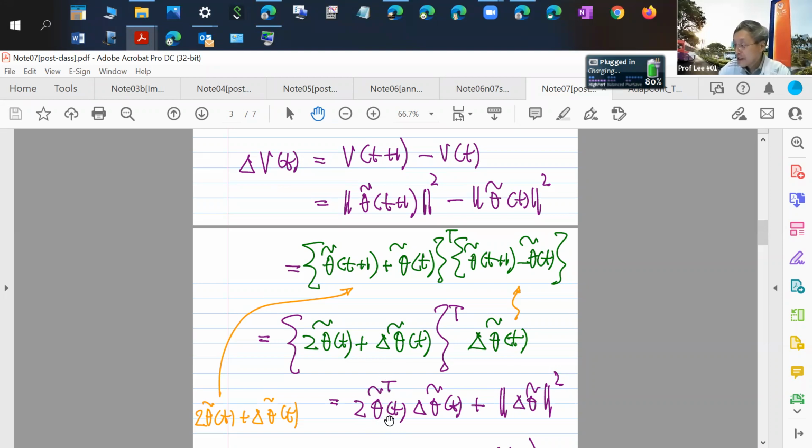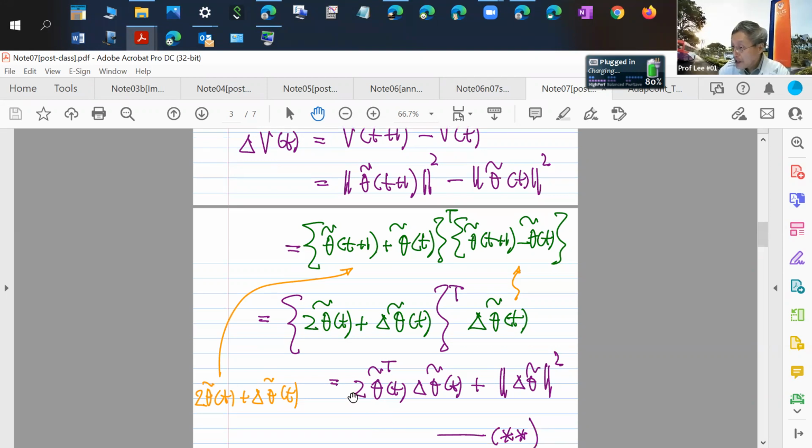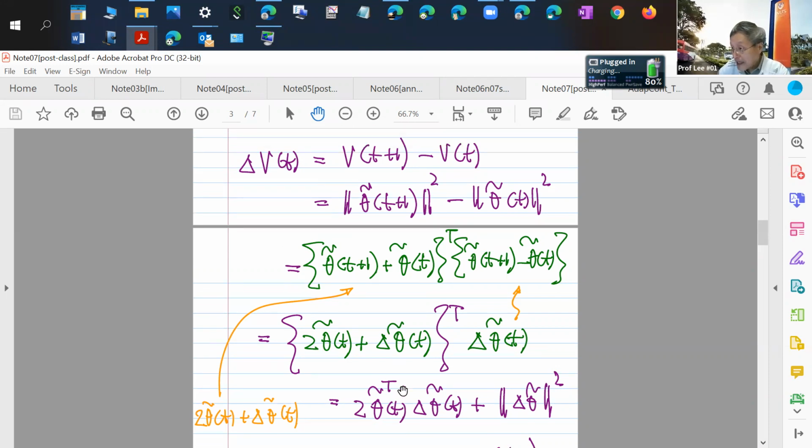There's also a second component, which is the increment of phi squared.